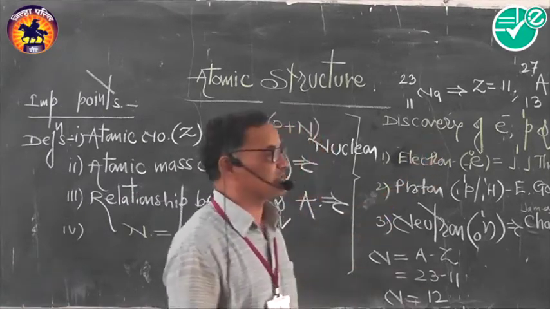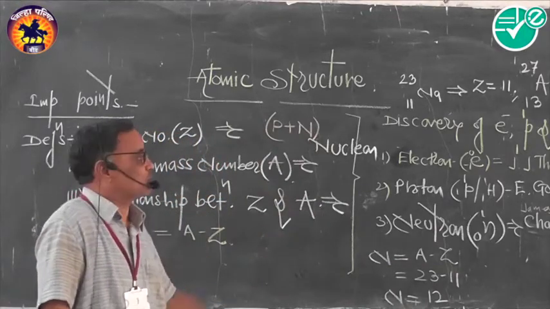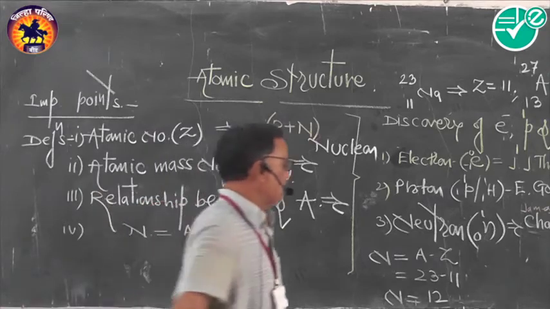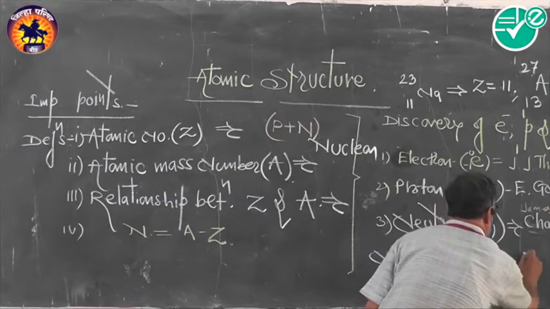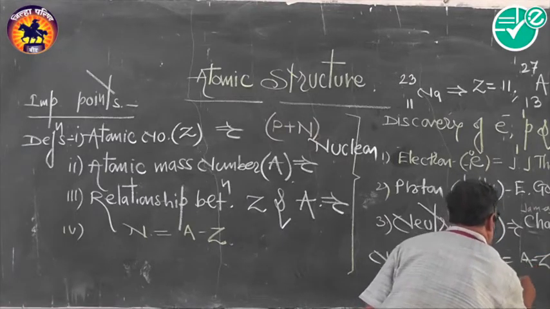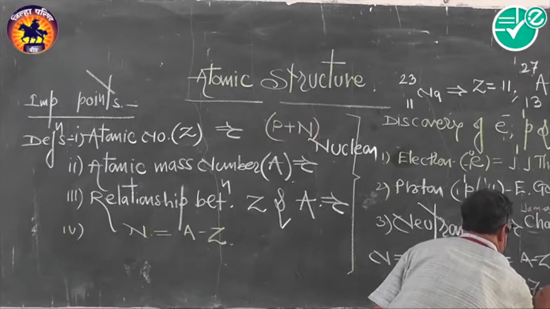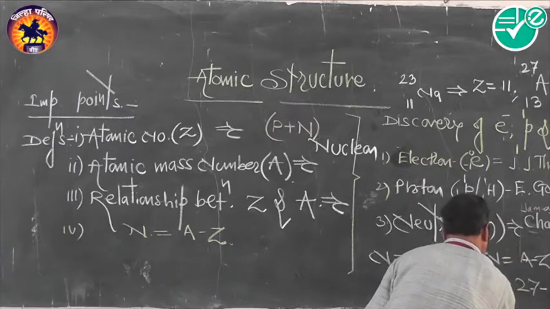The second example is aluminium, which has an atomic number equal to 13. N is equal to A minus Z. The atomic mass number is 27 and the atomic number is 13.